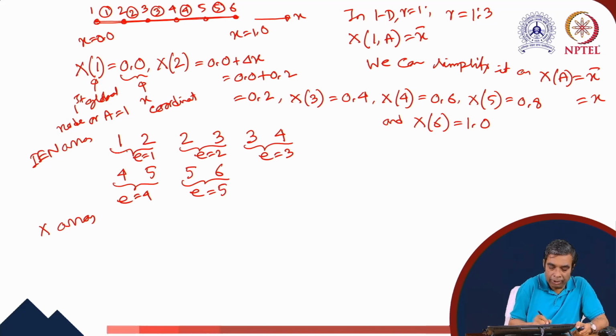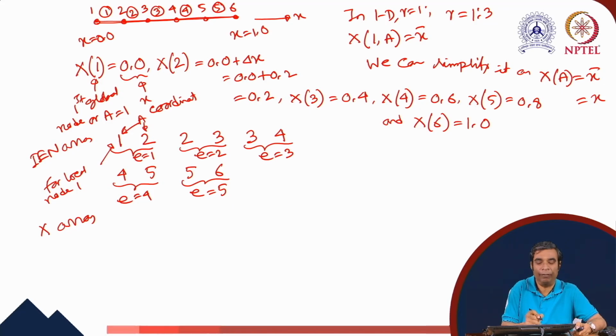Now for the first element we have written the global node numbers. So these quantities represent the global node numbers. This is for local node 1 of element 1. It means that the first data that we have written here, 1, 2, is actually the global numbers of local node 1 and local node 2 of element 1.